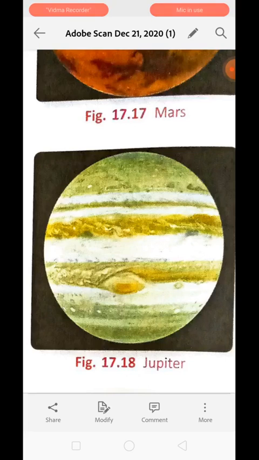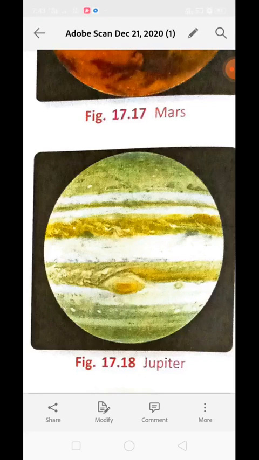It has a gaseous composition, a mixture of hydrogen, helium, methane, and ammonia, and it has a mainly faint ring around it. It is at a large distance from the sun and it radiates out double the amount of heat it receives from the sun.